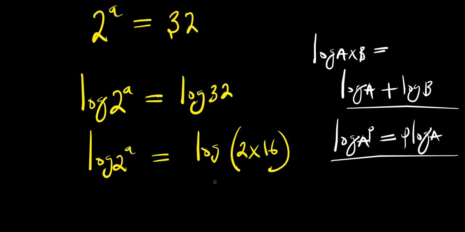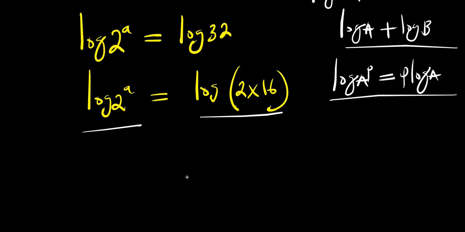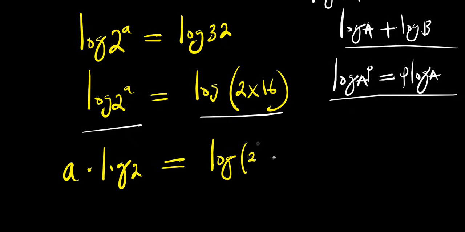So we apply two properties, one for here and one for this particular expression. So that means for log 2 power a, we are going to have a times log 2 equals, for this, we have log 2 plus log 16 because this is my a, this is my b.